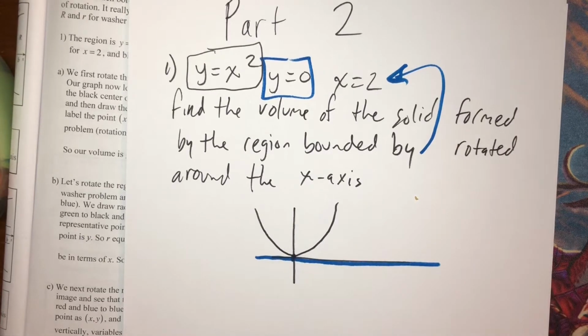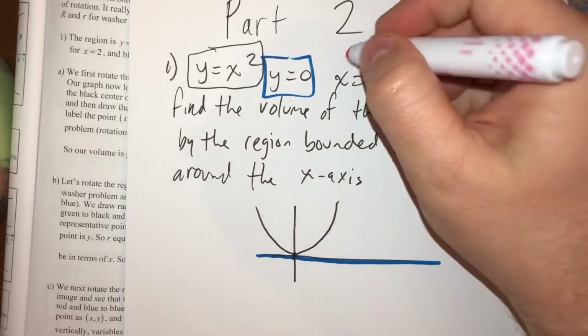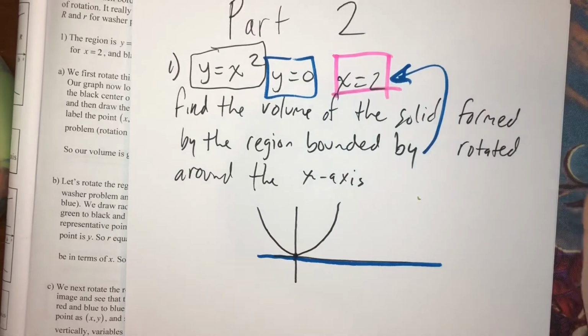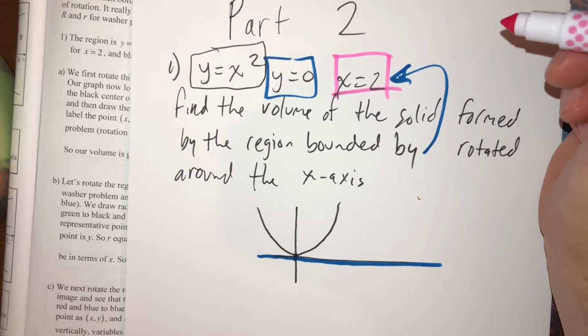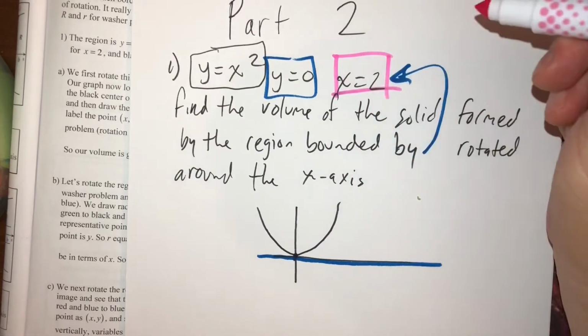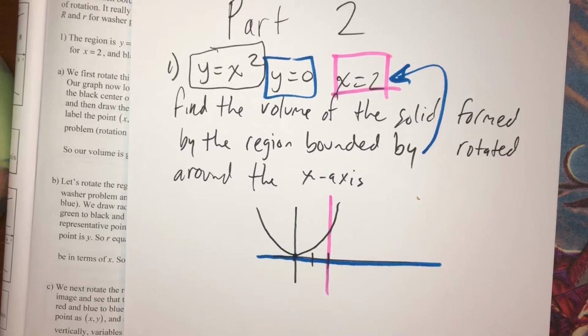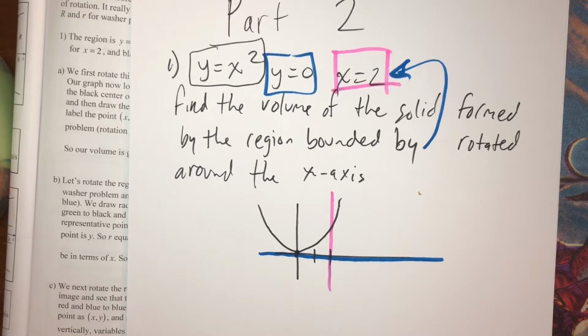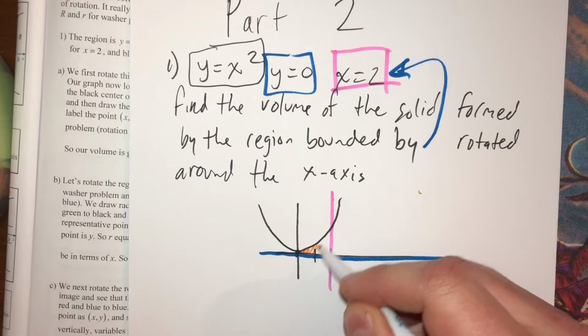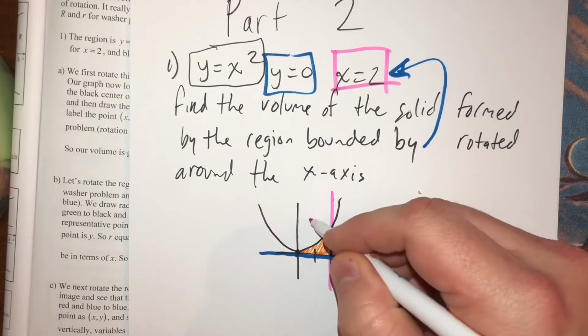That's going to be a closing off place of our region. And then, cotton candy today a little bit, x equals 2. Now, that's a vertical line at 2. So where's our closed off region? A lot of times they'll call this region R.